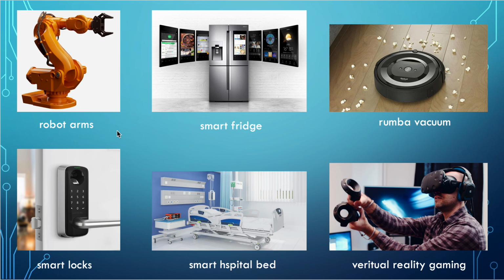So that means this smart fridge is connected to the internet. So this smart fridge is a thing in the internet, so it's a part of the Internet of Things, right?